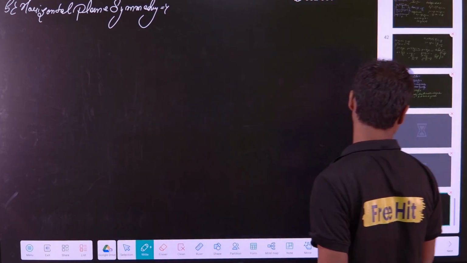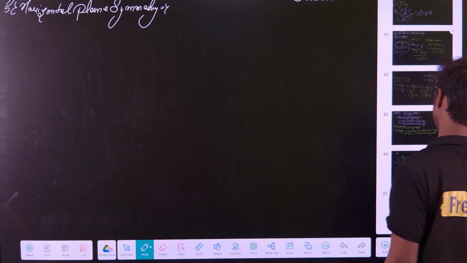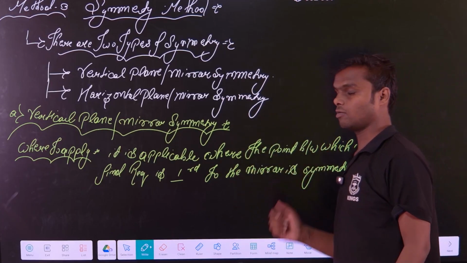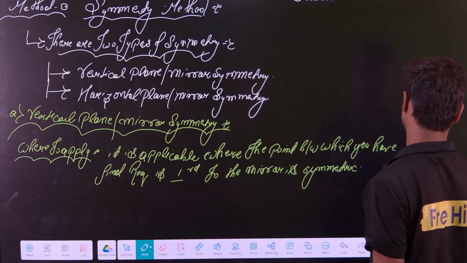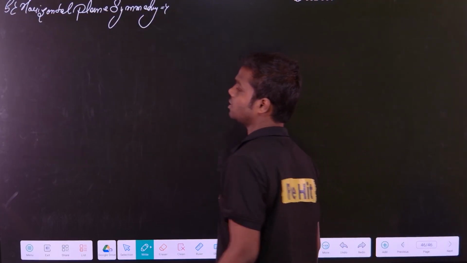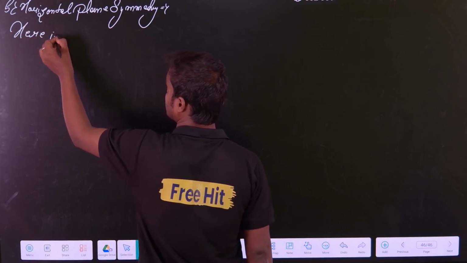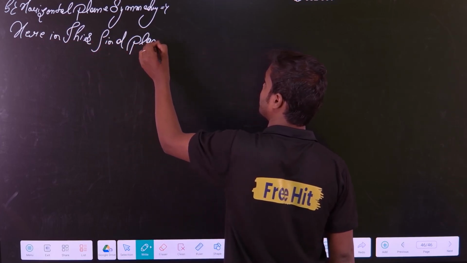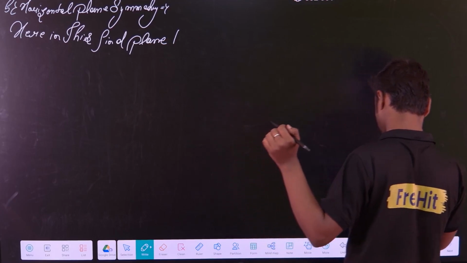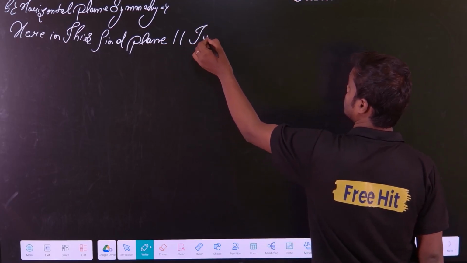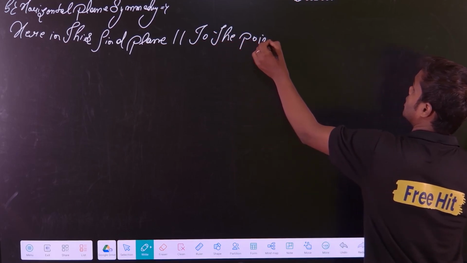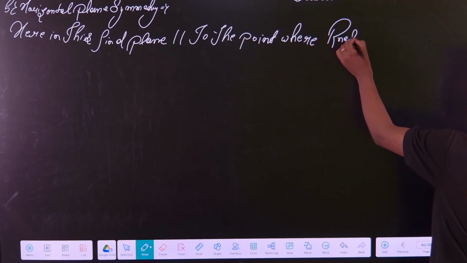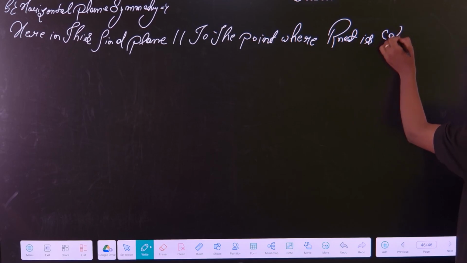In vertical plane symmetry, if you try to understand what we are doing, we are applying this symmetry basically when there is a perpendicular plane, a mirror between the two points. Find the plane parallel to the point where R net is calculated.